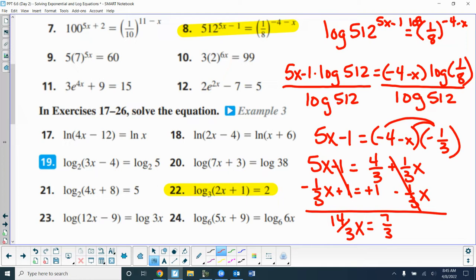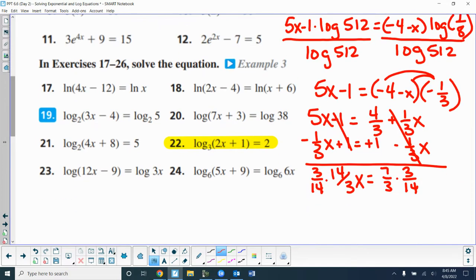Divide. But what's better? Multiply by the reciprocal, right? So multiply both sides by 3/14. That's a pretty easy problem. Okay, so that gives me x.